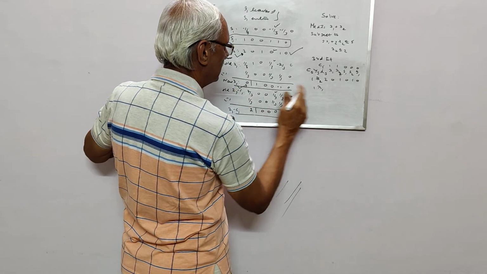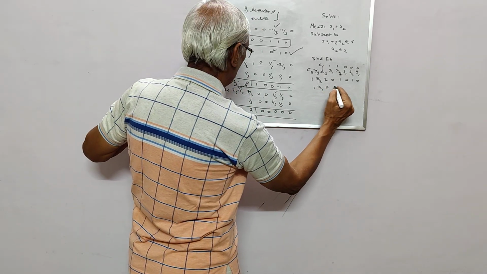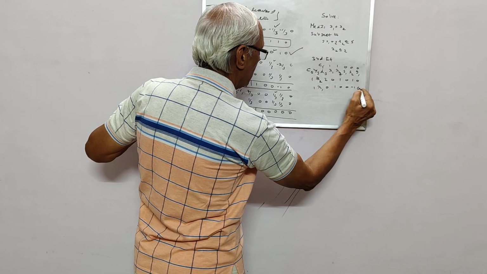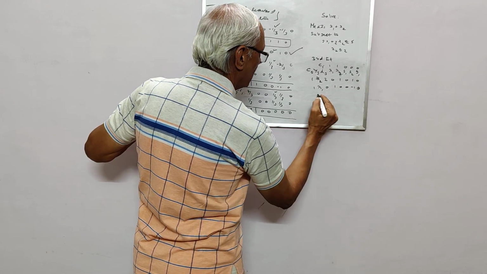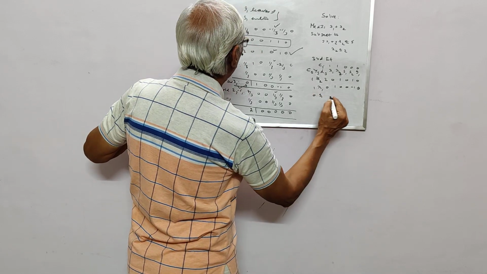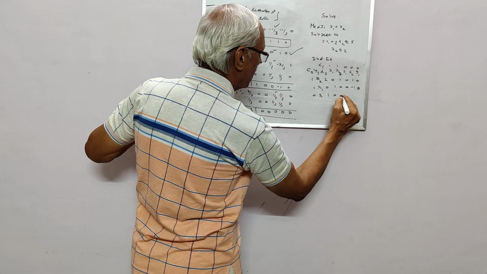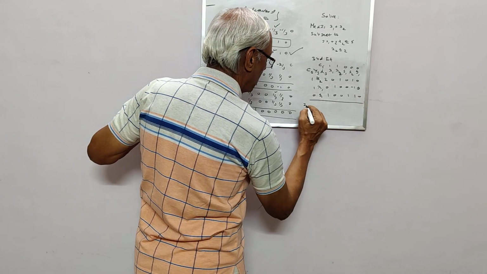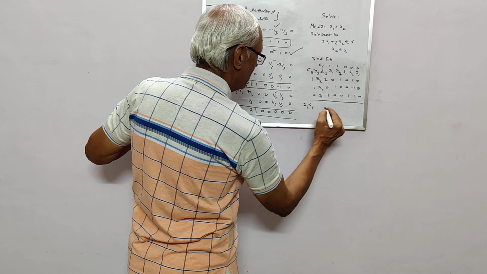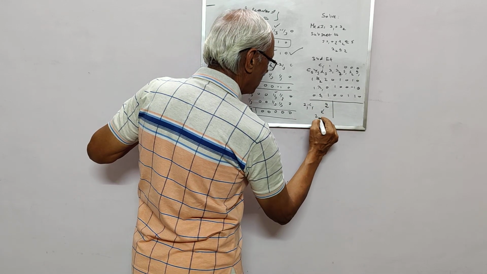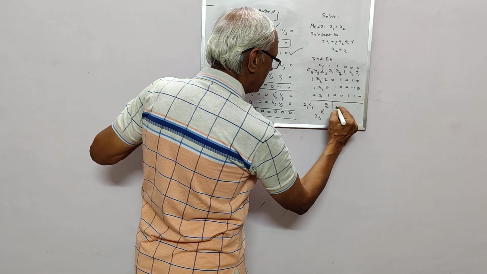For x1, 0, 1, 0, 0, 1. Then S1, 0. It is 2. Then 0.